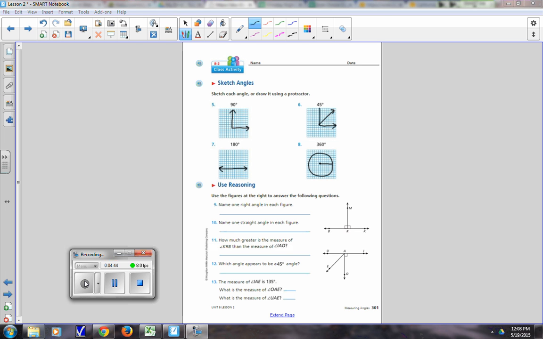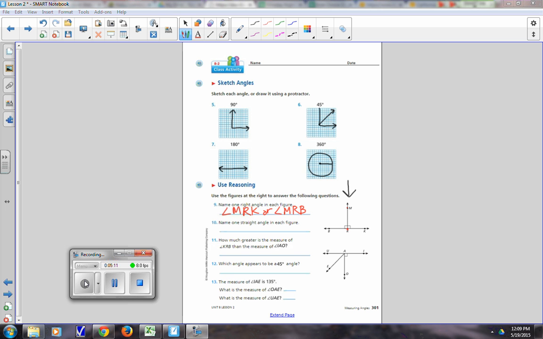Down here, we're going to use these figures on the right here, and we're going to name one right angle. And so we need to make sure that we're using the angle symbol, and it can be angle MRK or angle MRB.